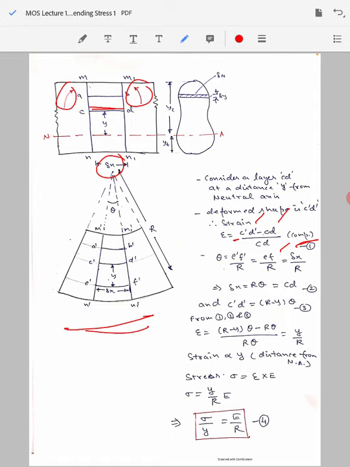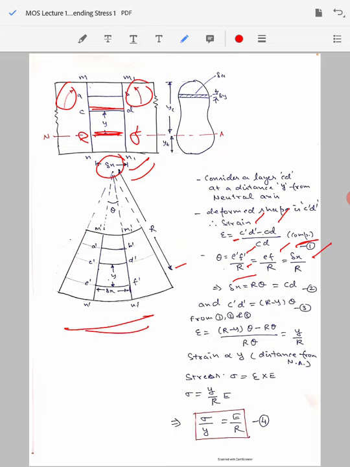As it is converted into a circular arc, let's define the radius of this fiber from the center as capital R. Then theta, the angle subtended at the center, is the arc divided by the radius, E dash F dash divided by R. Now E dash F dash is equal to the original length of the fiber EF before the deformation, so E dash F dash by R equals EF by R. As this neutral fiber has no change in length, it is equal to the initial fiber length delta x.